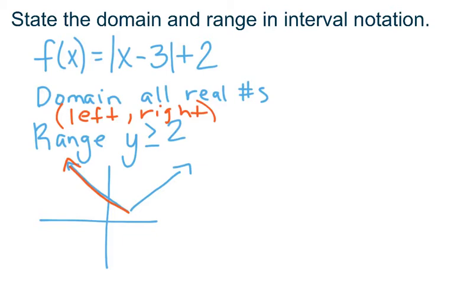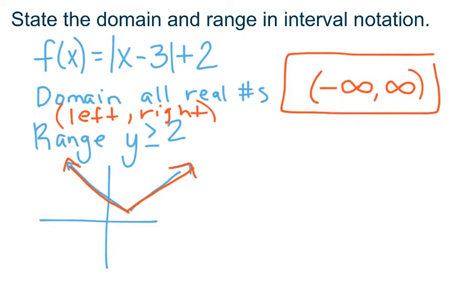So what we say is that it really begins with negative infinity because it keeps going to the left forever. And then we want to say, what's the rightmost x coordinate? It keeps going right forever, in the positive direction. So it goes to positive infinity. So in Math 3, this is how you will write domain whenever it is all real numbers.